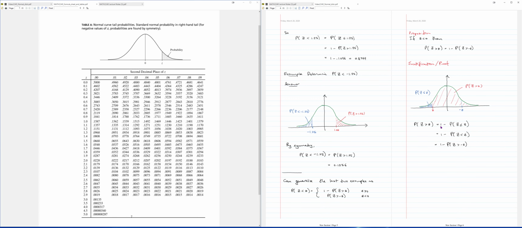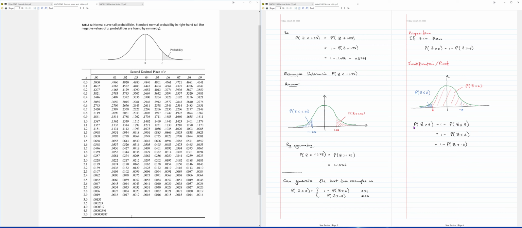And again, you had that small technicality with the less than or equal to, but as I said, it doesn't make a difference in the continuous case, because this probability is equal to this probability over here.